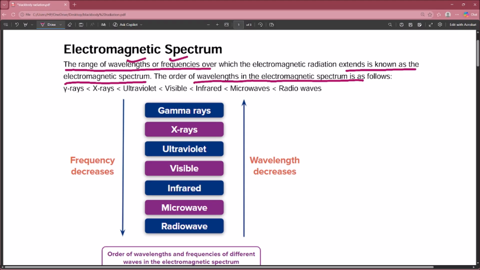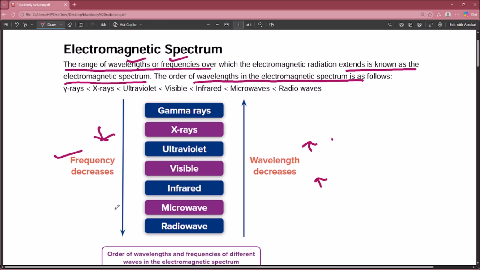If we see, there are two ways. On the left side, the frequency decreases from top to bottom, and on the right side, the wavelength of the electromagnetic waves decreases from bottom to top.